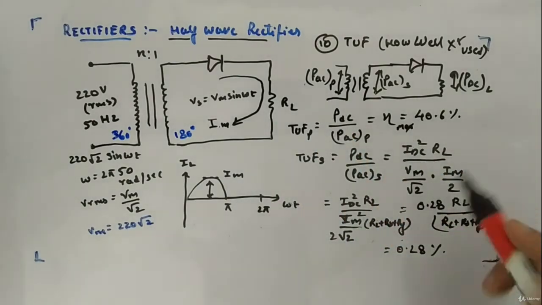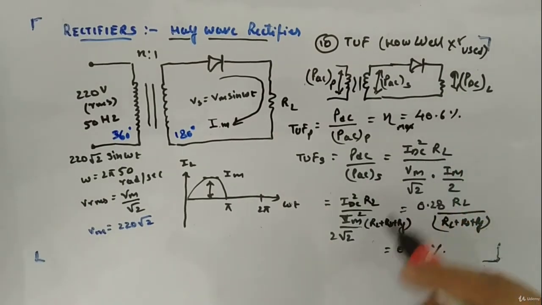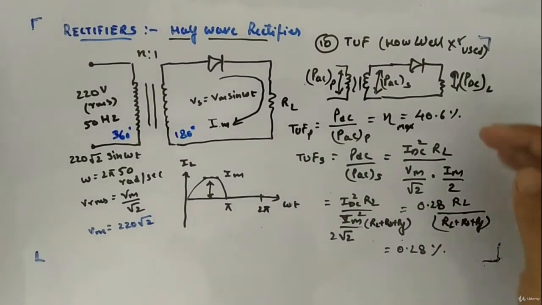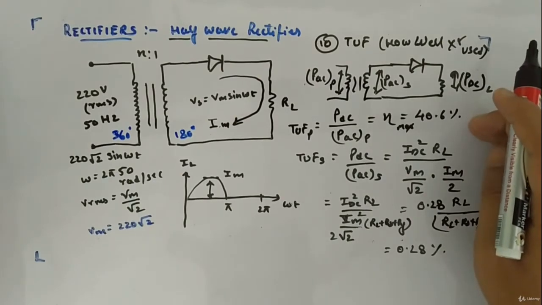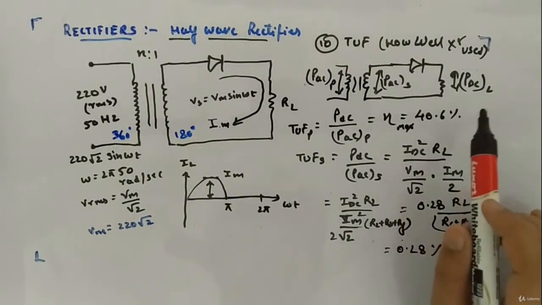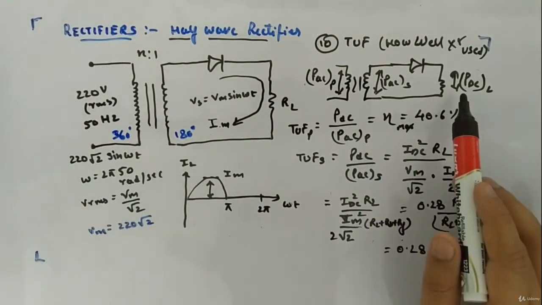So at max you can have 40.6%, thinking as if the primary is providing the input power. Okay, I don't have the proof of this, but you can imagine with this logic that it is providing the maximum efficiency to the load.